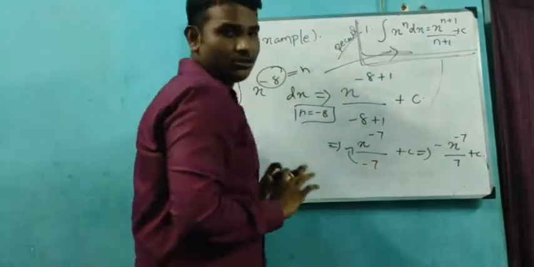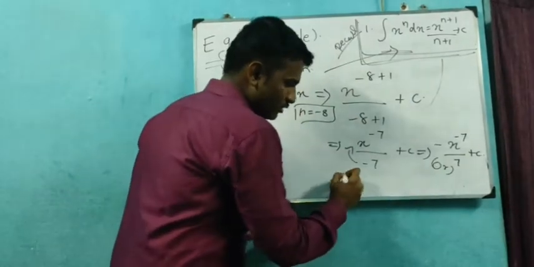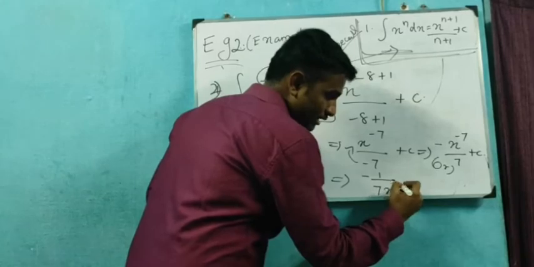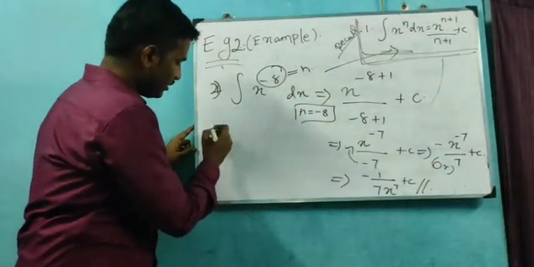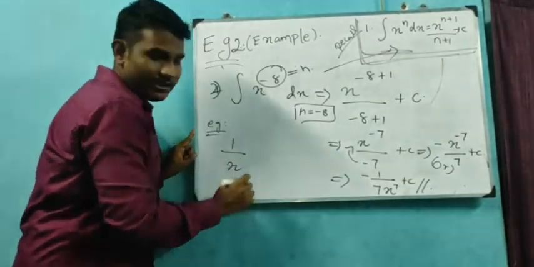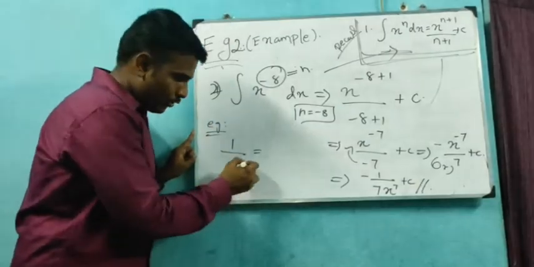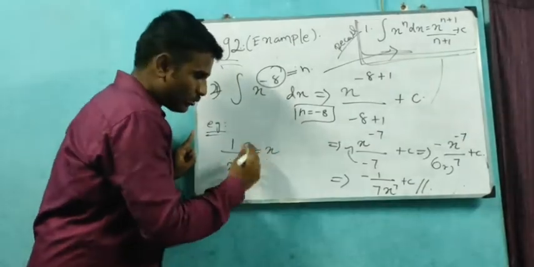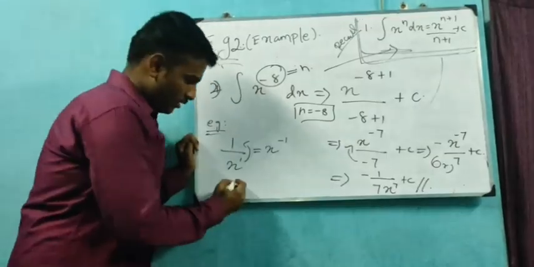You can take this as the answer, or you can simplify more, which means minus 1 by 7 x to the power 7 plus c. This is also an answer. How do I change it? For example, if I have 1 by x, I can write it as x power minus 1, moving x to the numerator changes the sign.